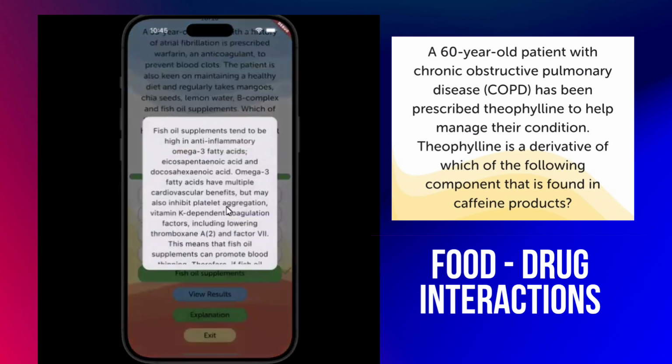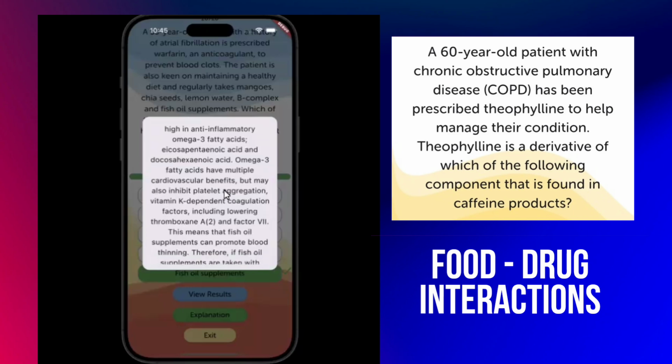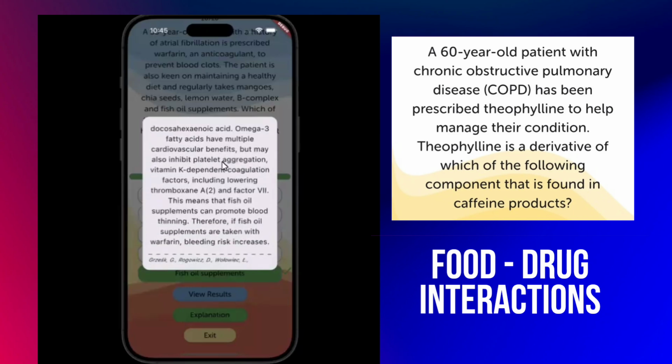So fish oil supplements, they're great, right? These are great supplements. They are highly anti-inflammatory because they contain omega-3 fatty acids, EPA and DHA. Omega-3 fatty acids have multiple cardiovascular benefits, and they can also inhibit platelet aggregation and vitamin K dependent coagulation factors, including lowering the thromboxane A2 and factor 7.